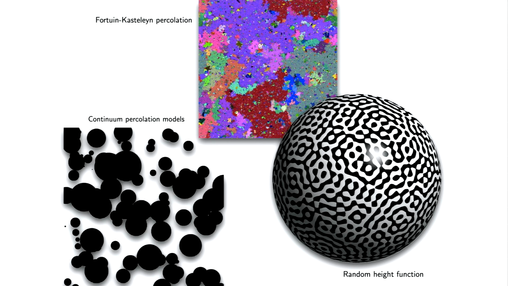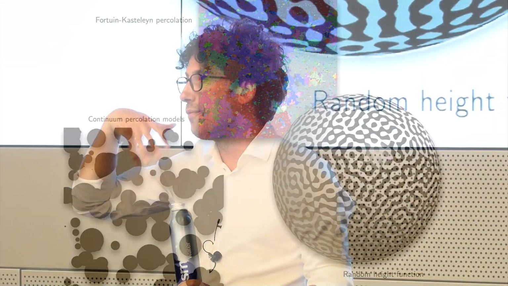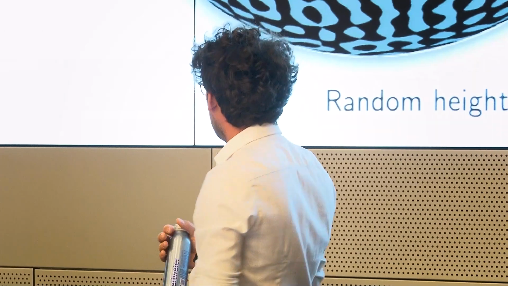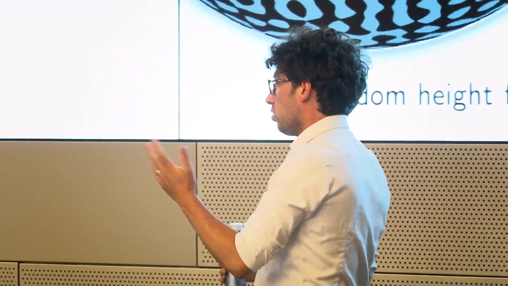There is a way of defining a percolation model by taking a random function and looking at where it's positive or negative. And you have many ways of sampling this random function. For instance, one way is to look at a random combination of eigenfunctions of the Laplacian, or a randomly chosen eigenfunction of a random operator, what we call an Anderson operator, or a random Schrödinger operator.